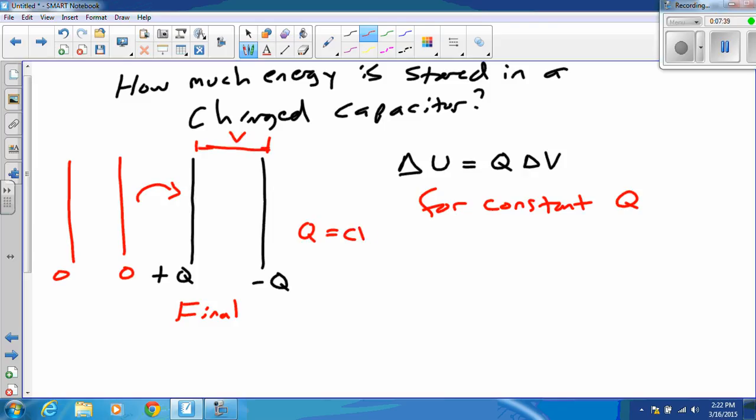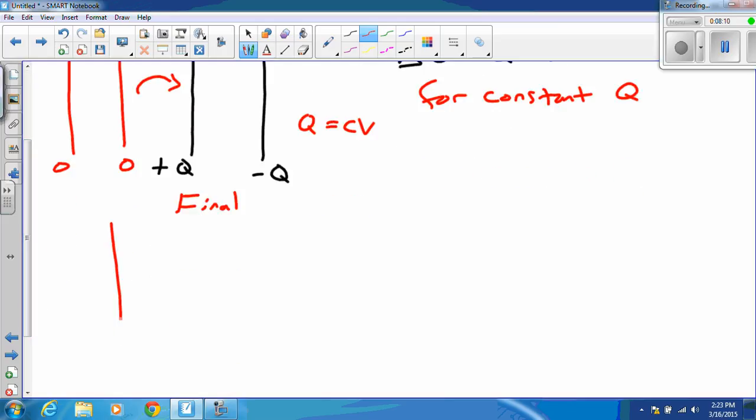And we know that Q equals CV for that final state, right? So the question is, how much energy does it take to do that? It's not the same as taking all of my plus Q and moving it to this side right here, right? Because I don't have the same amount of charge during the entire process. It's not a constant amount of charge. So to gain an understanding of this, let's do a graph.